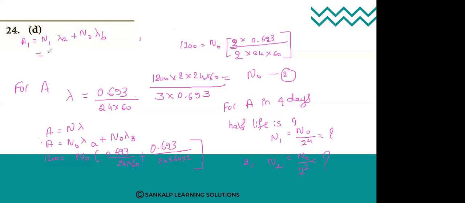So here the N1 value is N naught upon 2 raised to 4, which is 16, into lambda A, plus the N2 value is N naught upon 4 into lambda B, right? But the N naught value is mandatory.